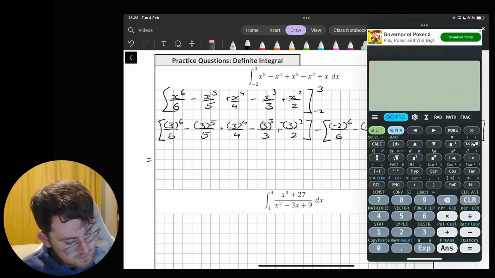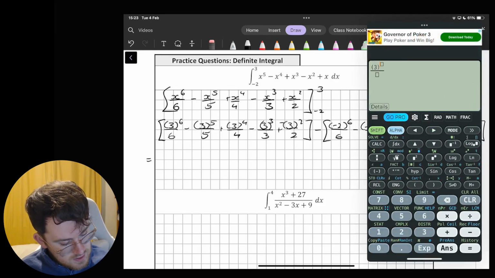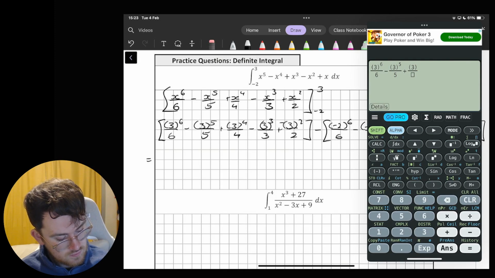So let's fill in some of these values here now. So 3 to the power of 6 over 6 minus 3 to the power of 5 over 5 plus 3 to the power of 4 over 4 minus 3 to the power of 3 over 3 plus 3 squared over 2.